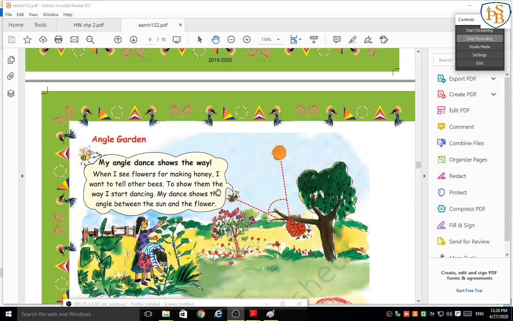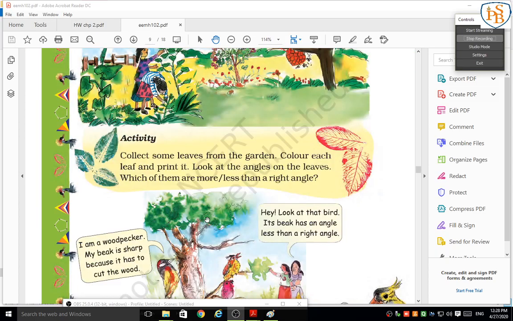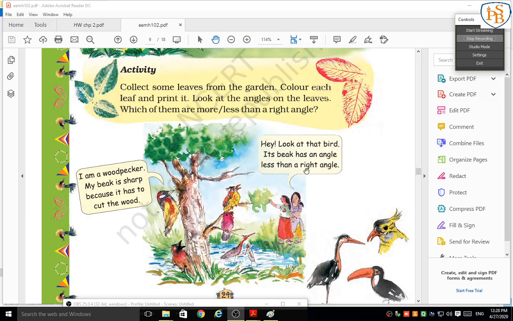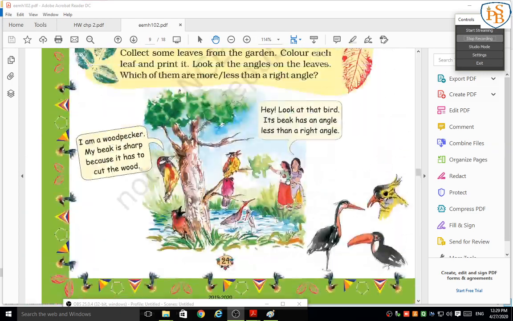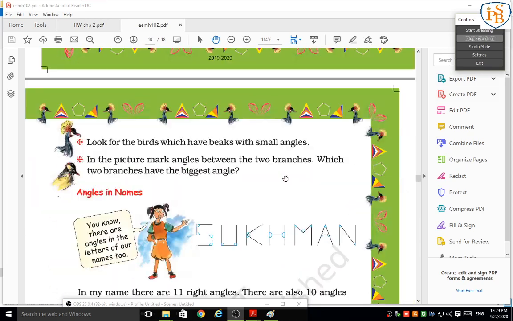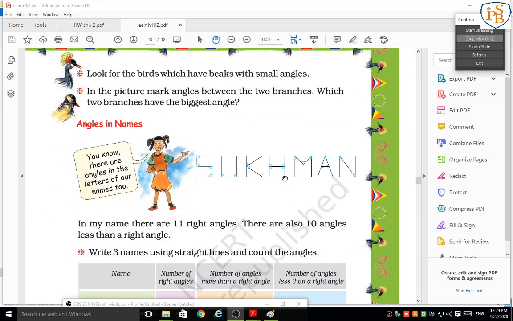Then we learned about the angle garden, in that 1B is playing angle dance, correct? Then we did one activity by using leaves. Completed students? Activity completed? Okay, just give me a reply in the comment box. Okay students, I want to see how many of you are done.